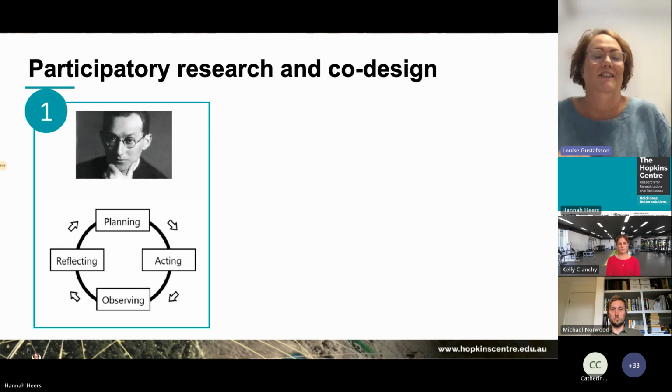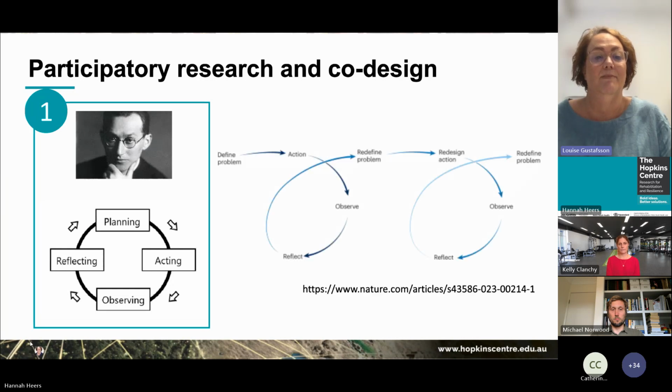So these cycles that you can see under there were really the forerunner to what we now consider as participatory action research. Some of us might be familiar with this: the idea that consumers, community, and the organisations or the researchers are really working together to define the problem, understand the problem, devise a solution, observe what happens, reflect on that, and keep refining.